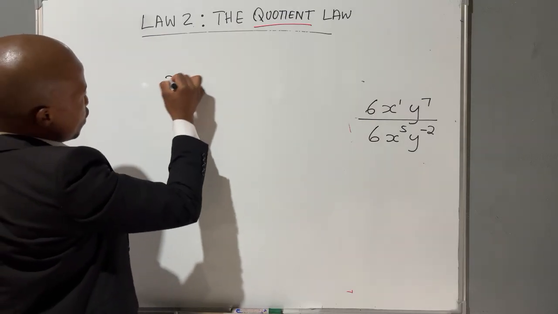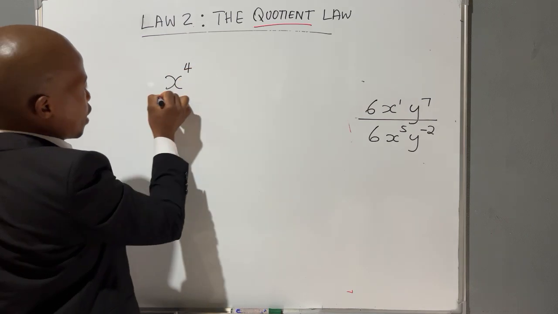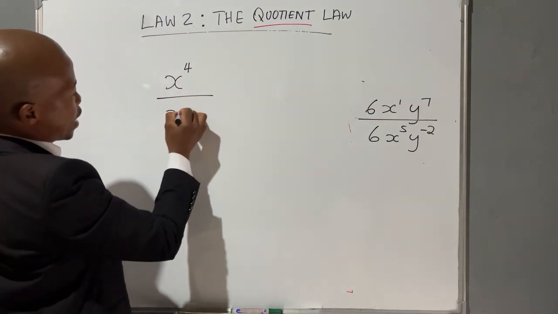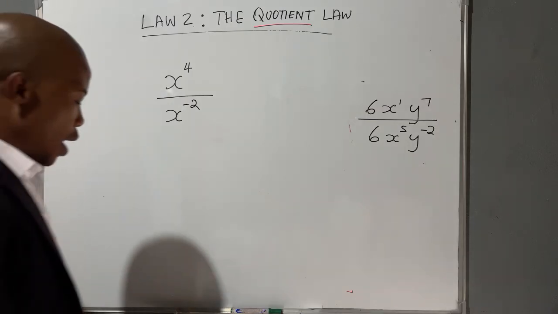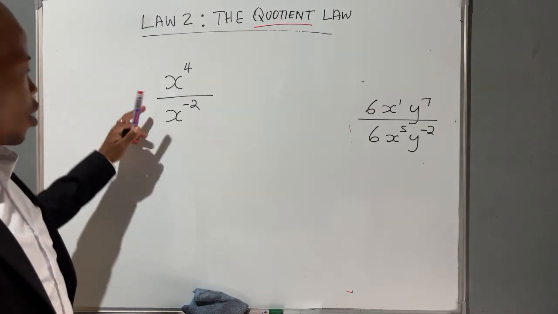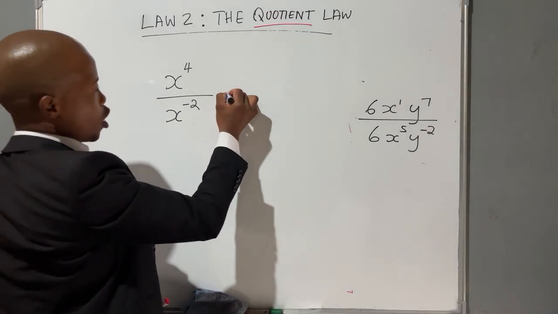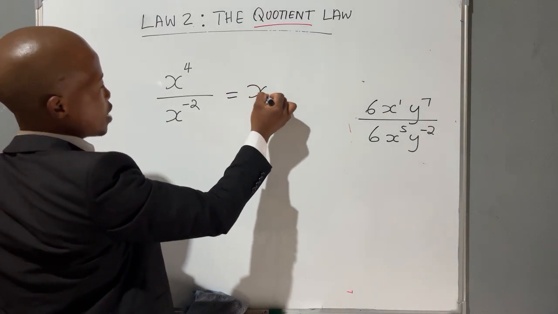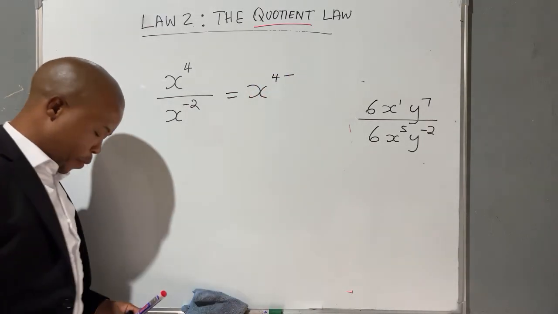For example, let's say you have x to the power 4 over x to the power negative 2. When the bases are the same and you're dividing, you subtract the exponents. It equals x to the exponent 4, and then minus.